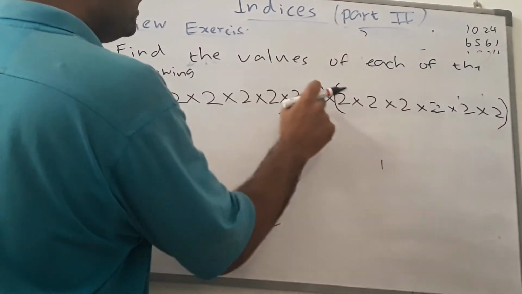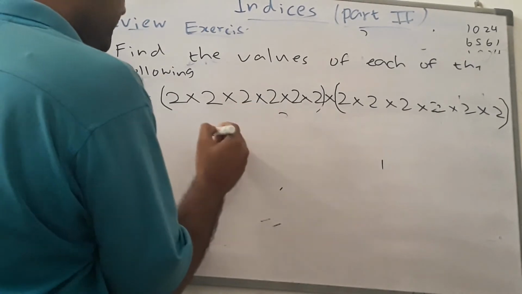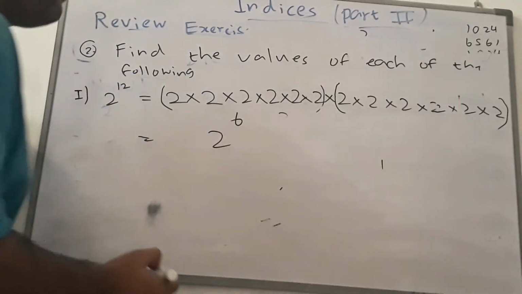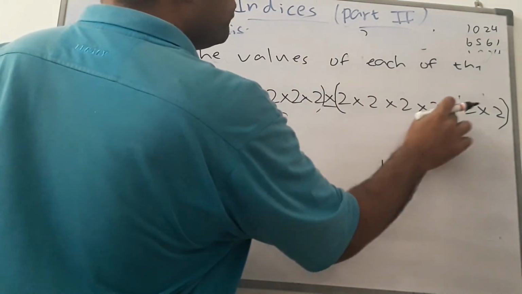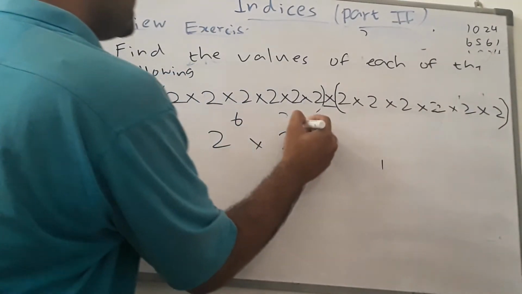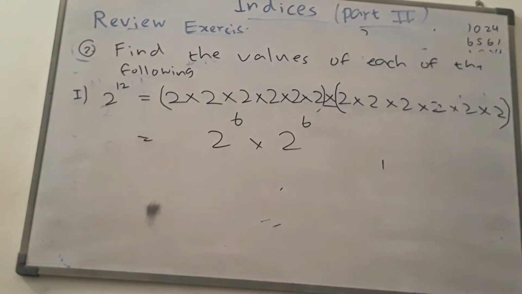Now here there are 6 2's: 1, 2, 3, 4, 5, 6. So I can write this as 2 to the power 6. And here again there are 6 2's, another 2 to the power 6. We know 2 to the power 5 is 32.